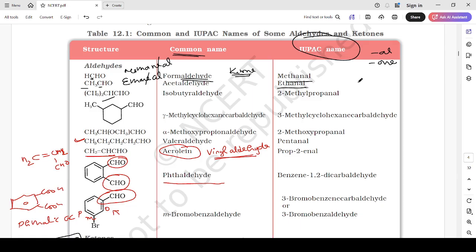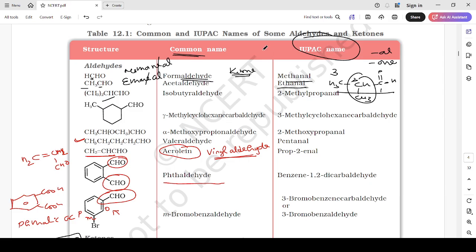Go for this. One, two, three. 2-methyl propanal. Picture understood? Yes, ma'am. Okay.